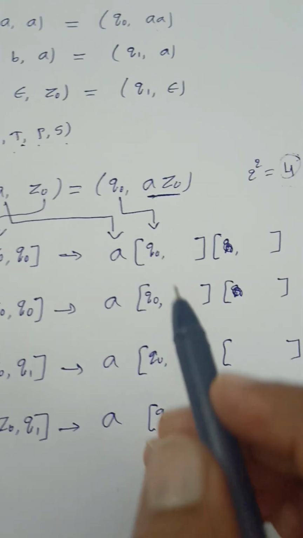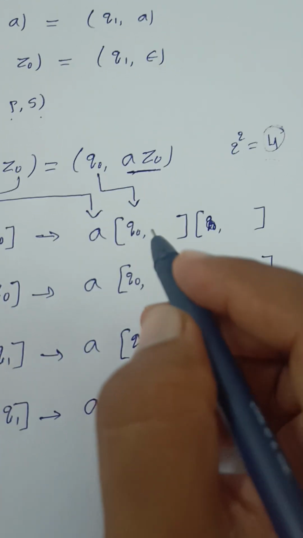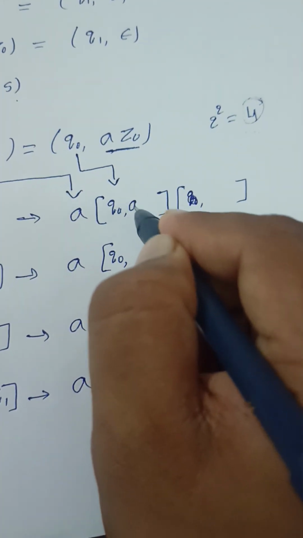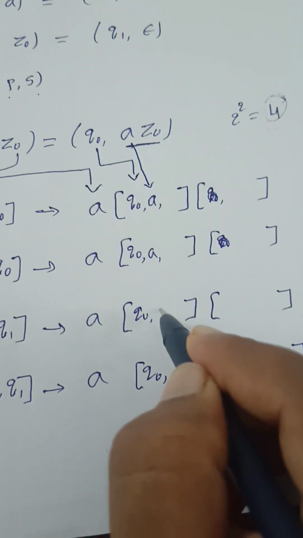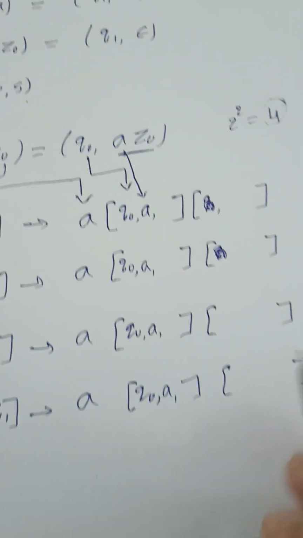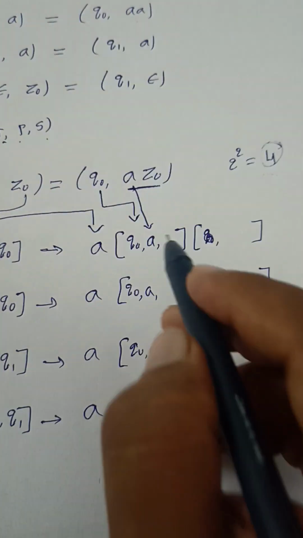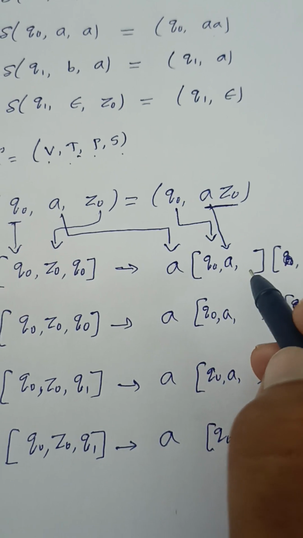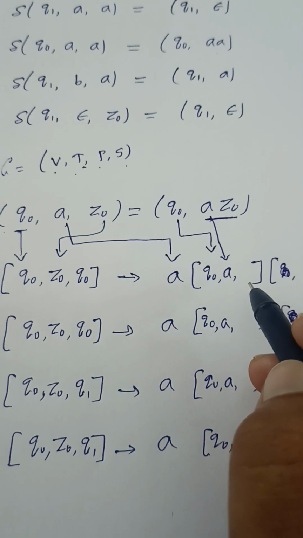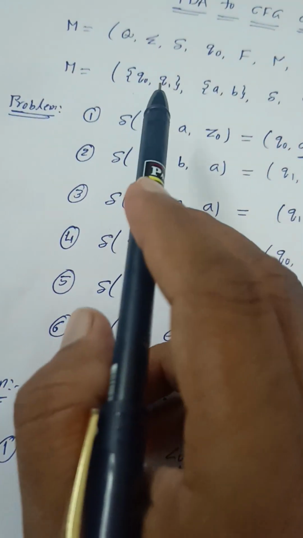Now what is the middle field? Here the middle field is a, because of this a. Now what is the third field? The third field comes from the states, q0 q1.